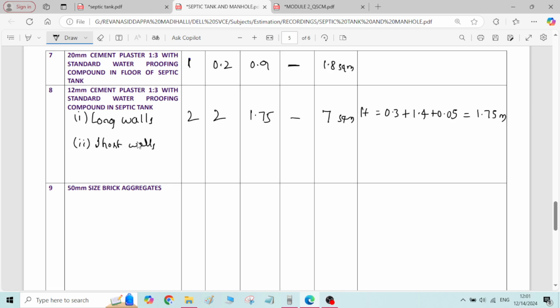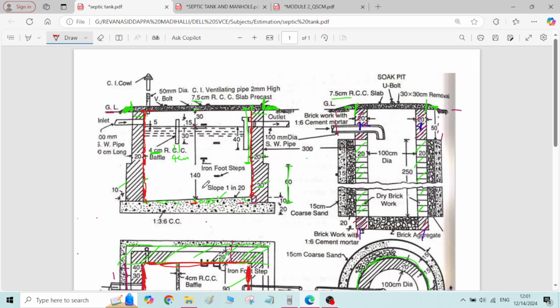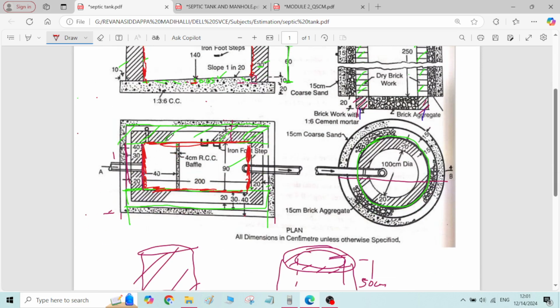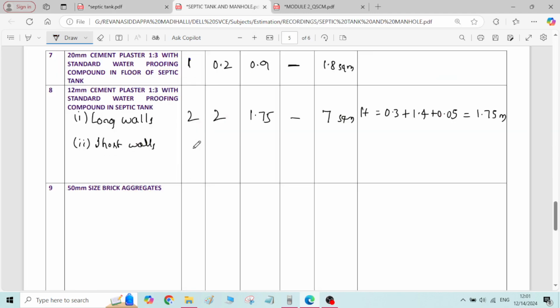Then along the short walls, you have to calculate the total quantity of the plastering work. Along the long walls we have calculated. Now along the short walls. The length will be 0.9 meter here. Along the short walls, the length of the plastering is 0.9 meter. Height remains the same. There won't be any change in the height.